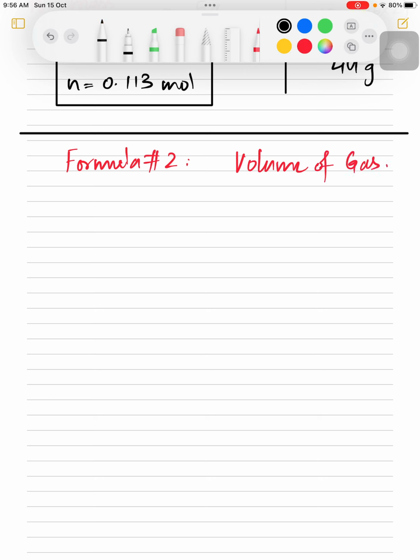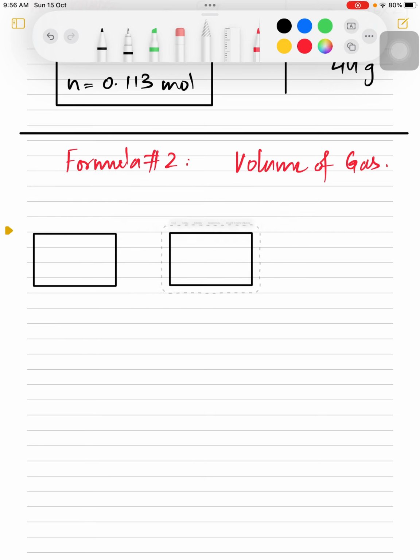Before starting this, I would like to tell you we have 3 boxes in which gases are present. I'm taking 3 gases. The first gas is going to be argon gas, or hydrogen gas, or carbon dioxide gas. These are the 3 gases present in containers.